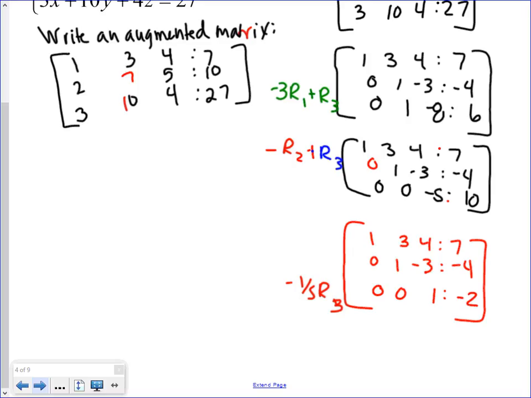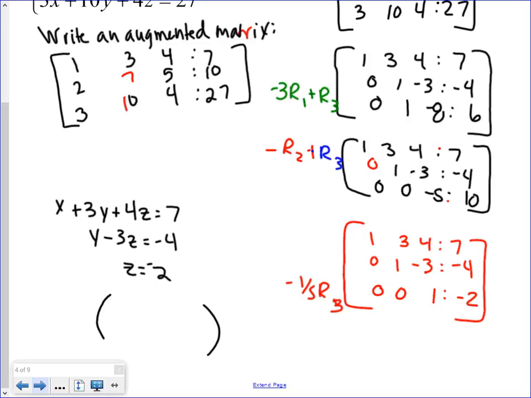Is that the answer to the question that's being asked of us? Solve the system. Not quite. What should you do to continue solving the system? Ethan? Now that we have this form, we can take the last equation, which basically tells us that z is equal to negative 2, and then from there we can plug z back into the next equation up.